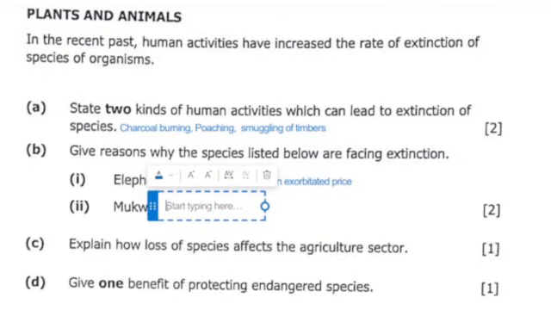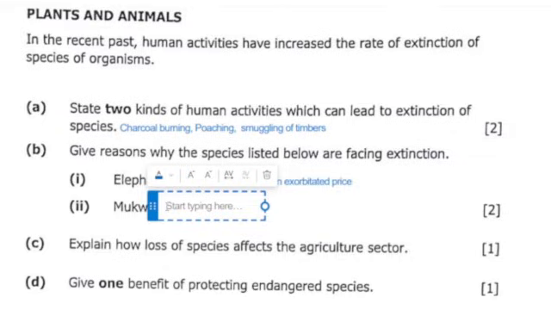The other one is mukwa. These are very hard wood. So why do people cut mukwa?